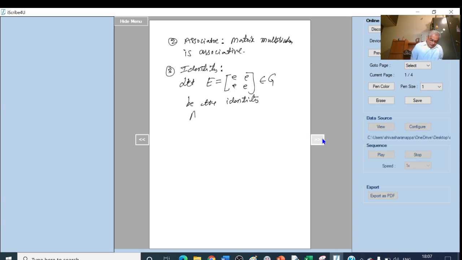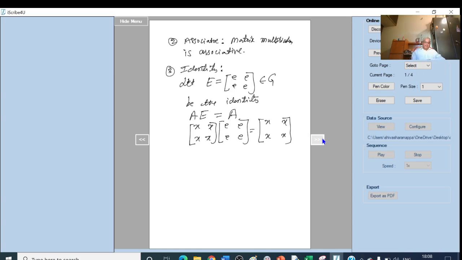Then by the definition of the identity, our operation is multiplication here, AE must be equal to A. That is, A into E, where A is the matrix with all entries x, and into E is E. This is equal to X.